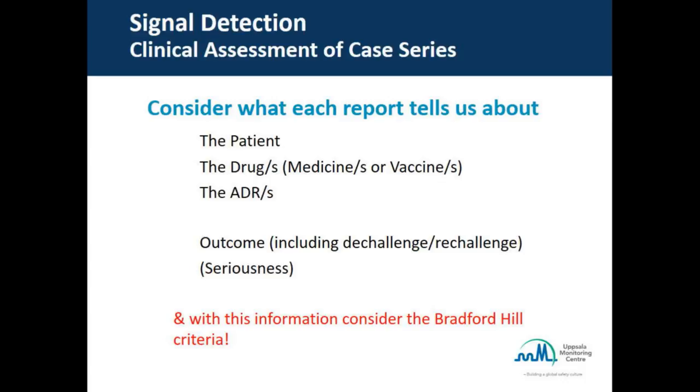And when we talk about drugs, we mean medicines and vaccines. And what does it tell us about the adverse reaction? There was perhaps one adverse reaction term, what other terms were reported with it, and how intense it was, and so on. And then we need to think about outcome, including dechallenge and rechallenge, and of course it's important to know how serious it was.